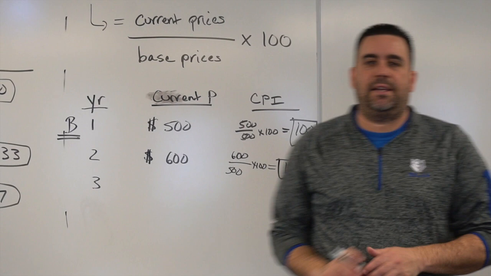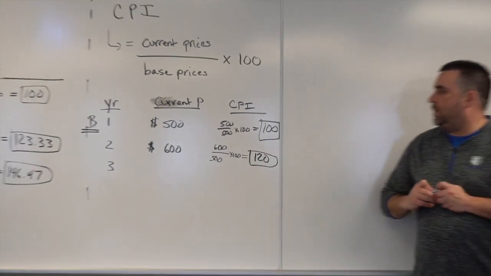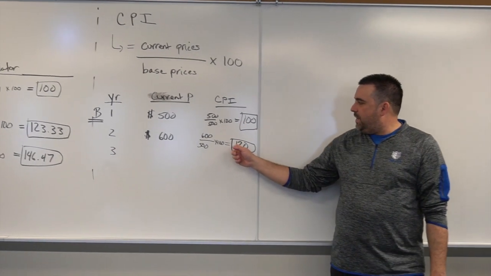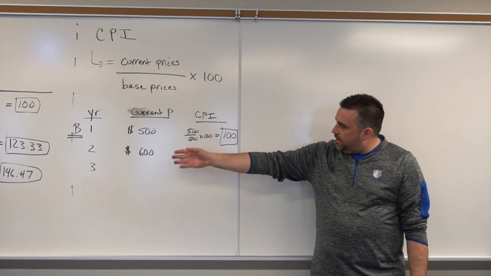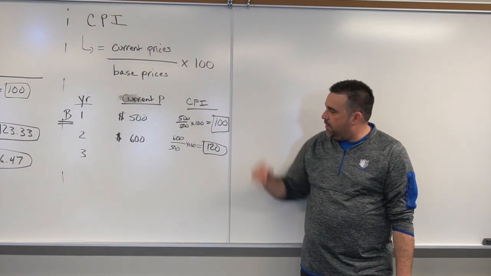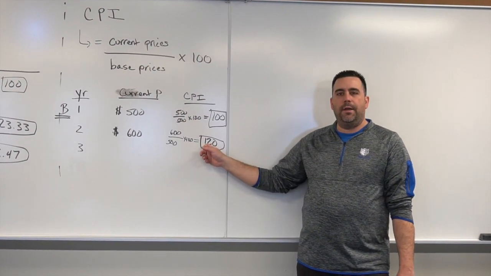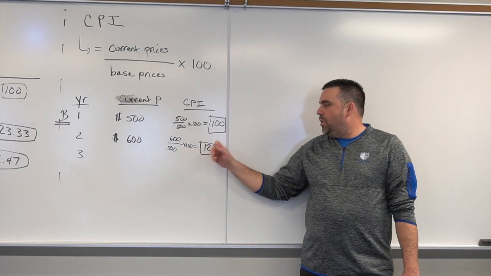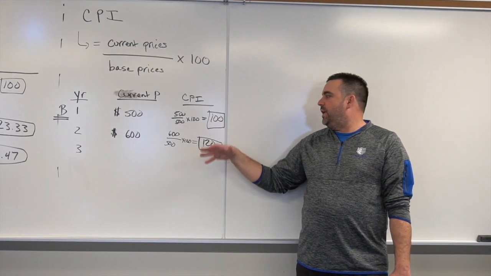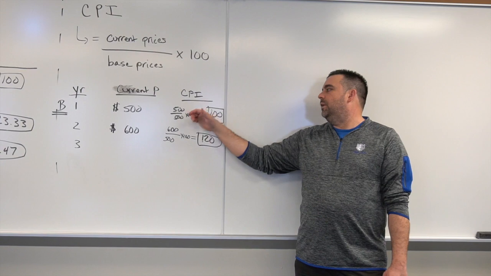Translation works the exact same way as it did with our GDP deflator. Our GDP deflator says that prices were this percent compared to the base year. Same thing here for our CPI. We're saying that in year 2, prices are 120% of what they were in year 1.